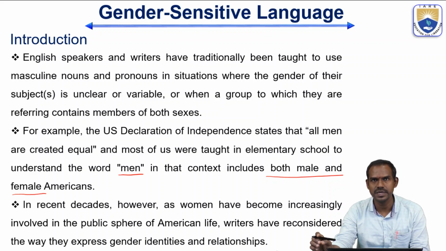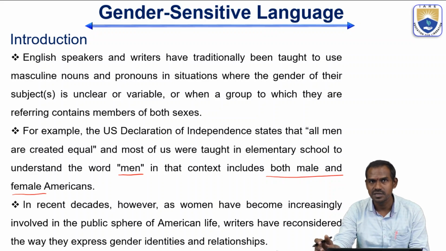So that means men corresponds only to male, whereas women corresponds only to female. Since in the previous era only men were involved in many public spheres of the country's life, they included men for both sexes, both male and female.